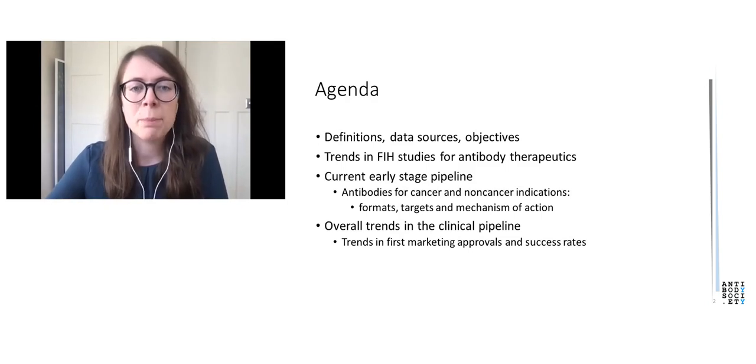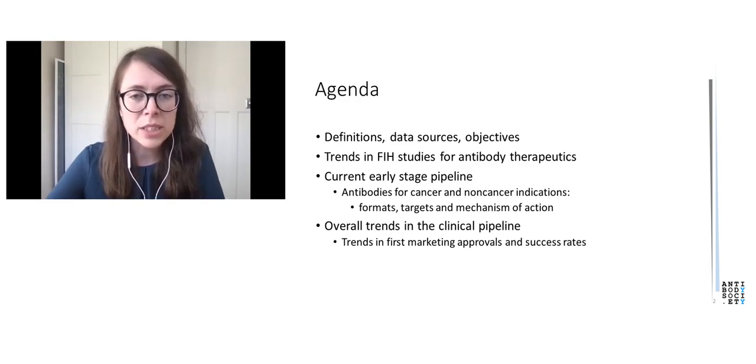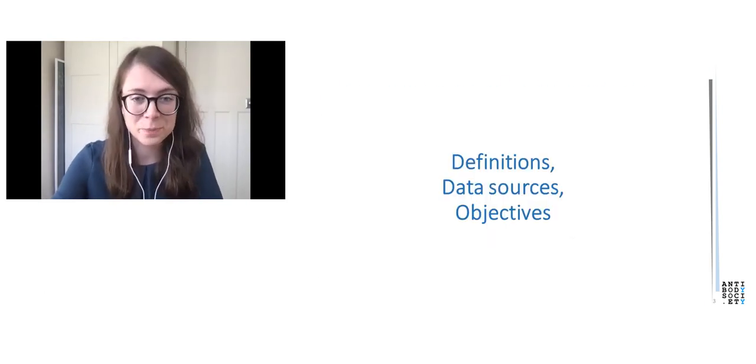And then I'll move to the main topic of our presentation, which is the current early-stage pipeline. I'll discuss antibodies for cancer and non-cancer indications, and I'll provide an overview on formats, targets, and mechanism of action of these molecules. And then I'll conclude with the overall trends in the clinical pipeline, and I'll provide insight into trends in first marketing approvals and success rates.